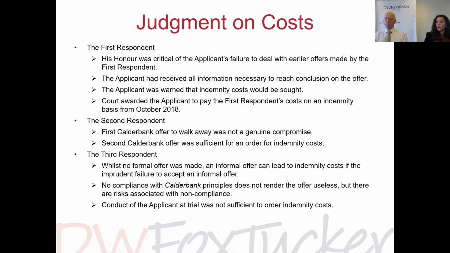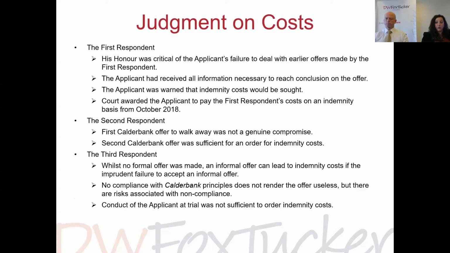Now, turning to the judgment in relation to costs of this matter, there were obviously 3 respondents, so His Honour had to consider each respondent on its merits and determine the costs. In relation to the first respondent, His Honour looked at the offers that were made.